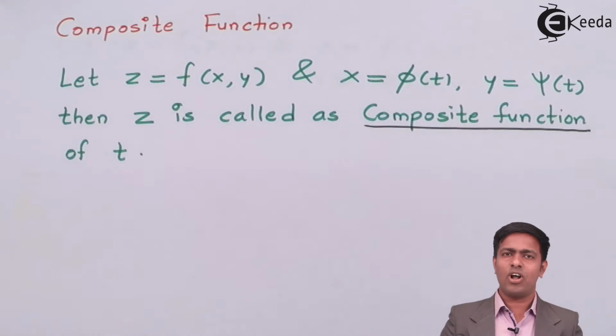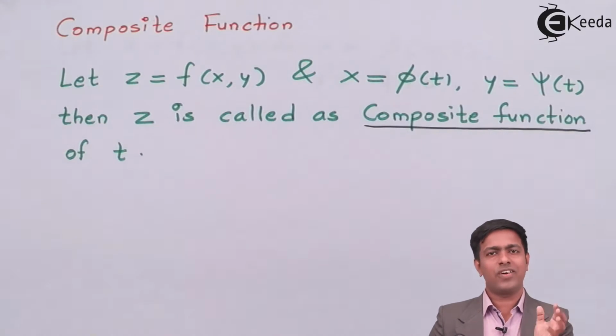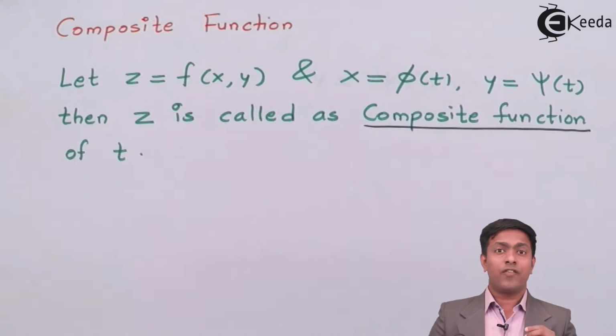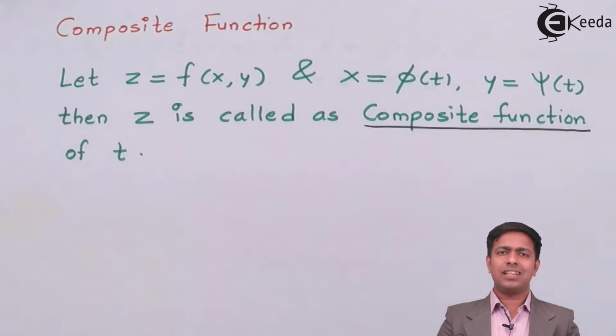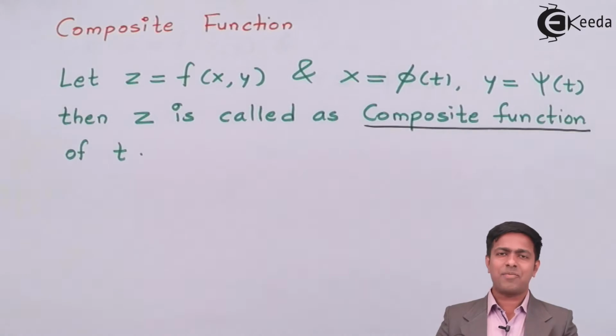So here we can say that z is a composite function of t. To understand this in an easy manner, we always solve composite functions with the help of a tree diagram. Here I'm going to draw the tree diagram and let's revise this concept once again.